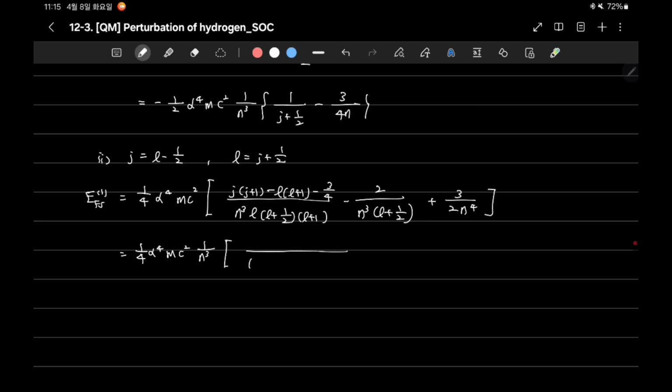Then L is j plus 1 half, L plus 1 half is j plus 3 half, and L plus 1 is j plus 1.